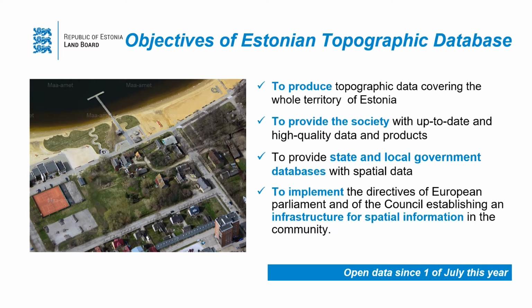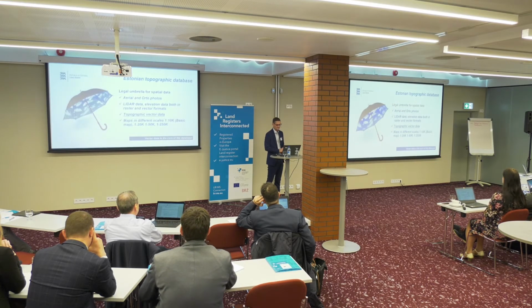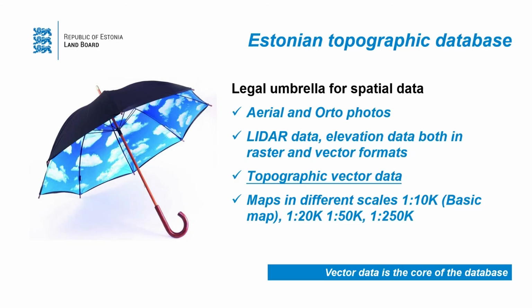I don't know, do we have something for money? Probably we have something, but most of our spatial data are free already. And the topographic database is like an umbrella of spatial data for all other state registers or private companies.